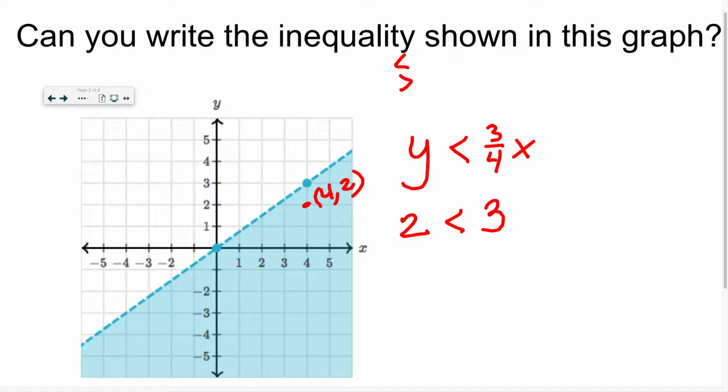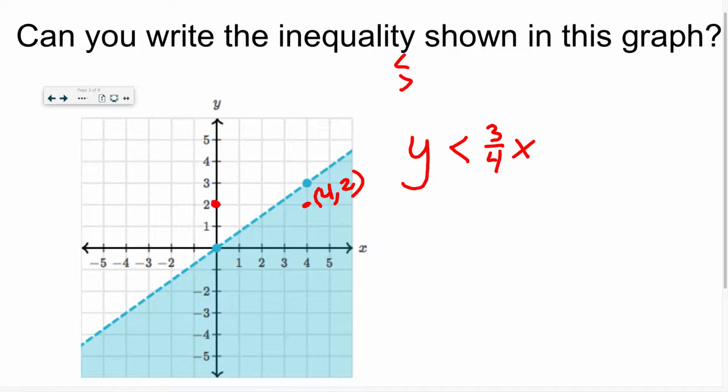Now if you accidentally chose a coordinate over here, what would you want to fill that in with? If it's not a solution, you would want to make your statement not true.